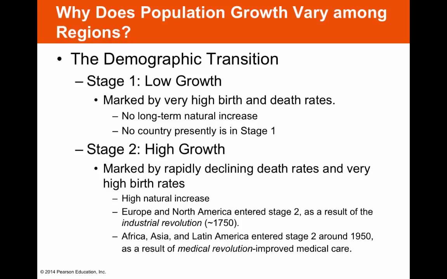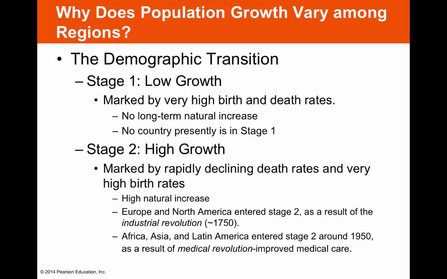So this is where most of human history was spent, long before the Industrial Revolution, hundreds of years ago. And societies do not revert. So no one has been in stage 1 for a very long time.